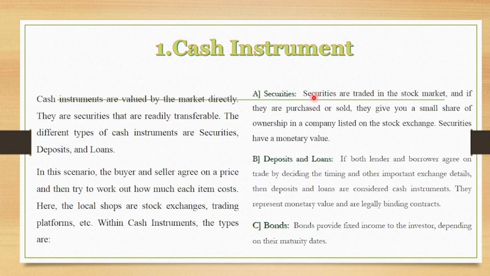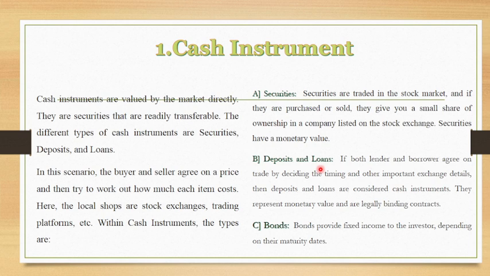Now we will see the securities. Securities are traded in the stock market, and if they are purchased or sold, they give you a small share of ownership in the company listed on the stock market. Security has a monetary value. Now let's come to the next type of cash instruments, deposits and loans.